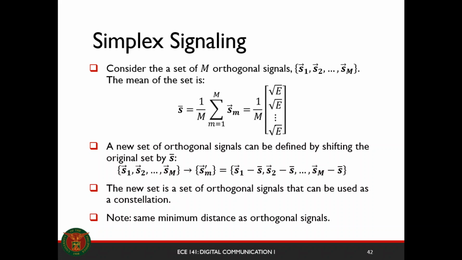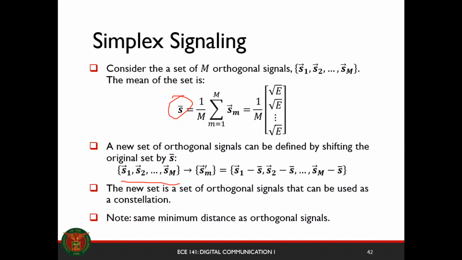And a new set of signals can be derived by shifting your original signals by the mean. We're shifting all of our orthogonal symbols by the mean. Since this is just an origin shift, the minimum distance is the same.